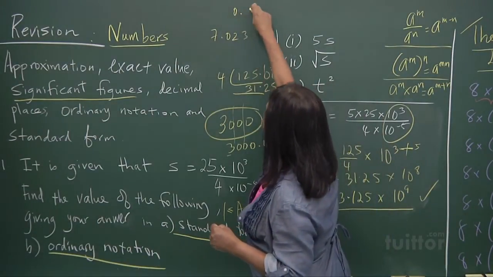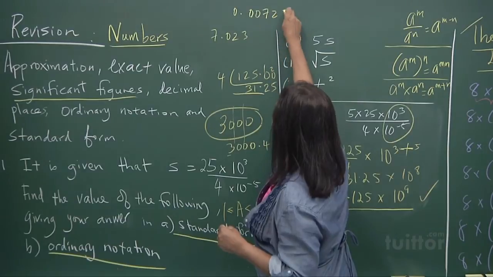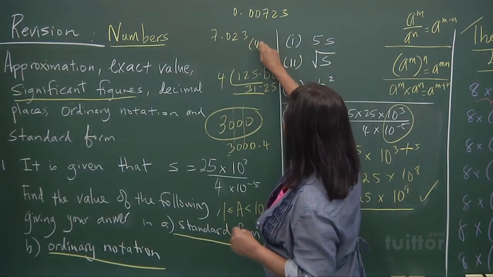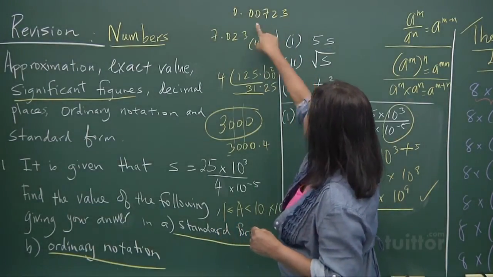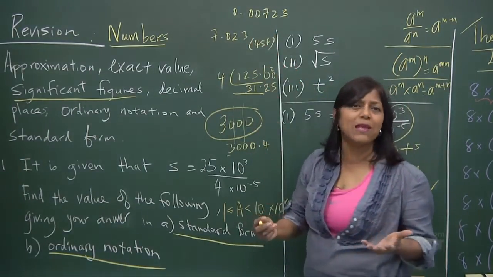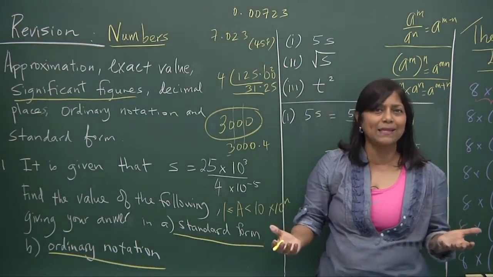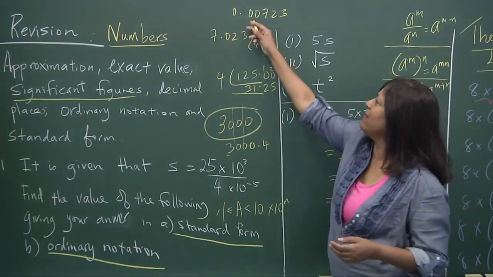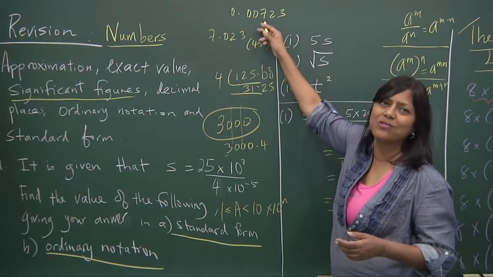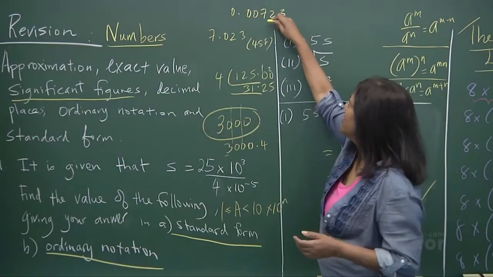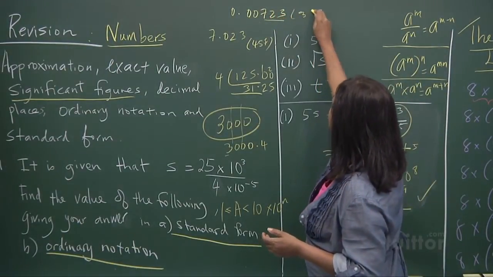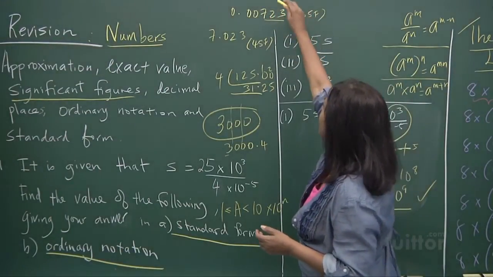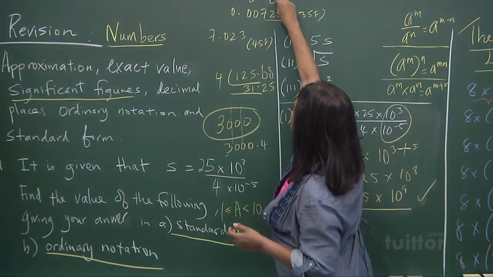But if I have 0.00723, this is 3SF. The zeros there are just showing you the place value: 10, 100, 1,000.